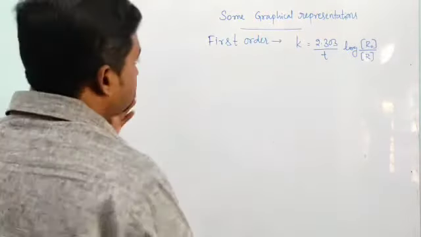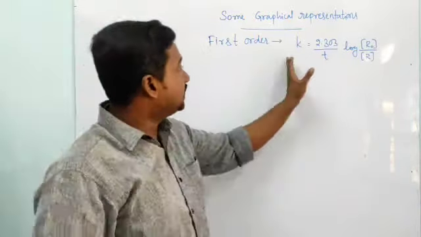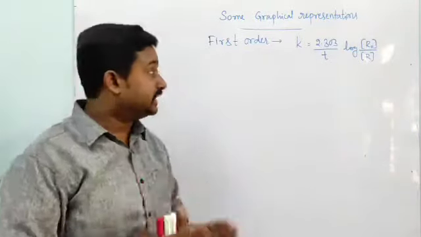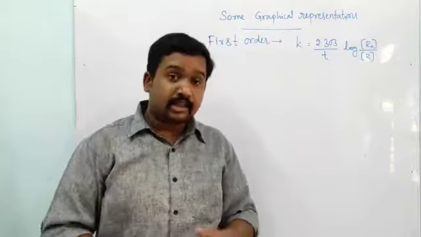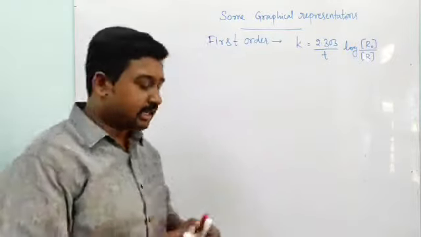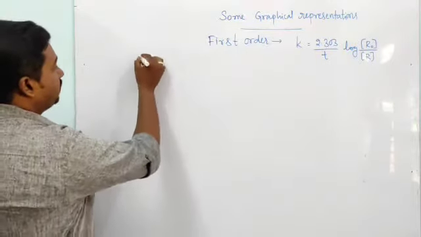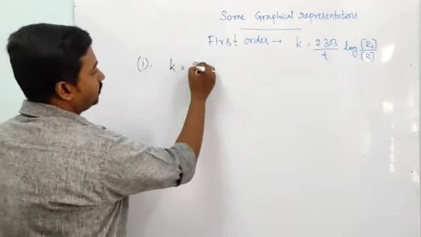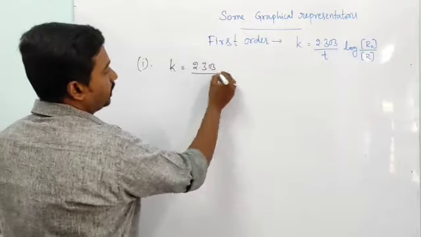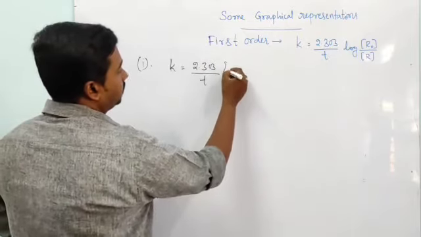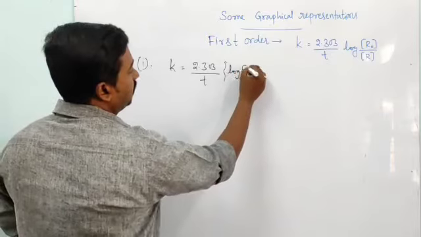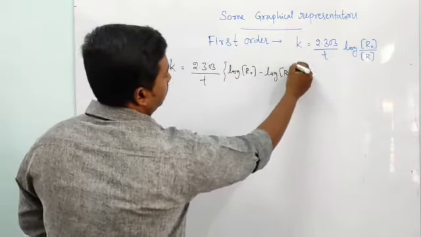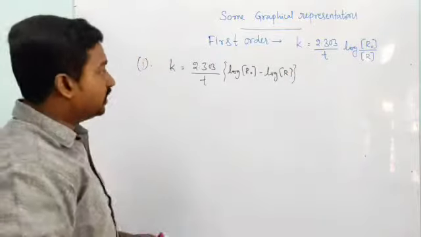Now for the first order reaction, the rate constant k is 2.303 by t log of R0 by R. This integrated rate expression we have derived. There are two ways of representing this. Let me consider the first way, where I'll take this equation in a simplified manner. k is equal to 2.303 by t into log of R0 minus log of R. So I have separated R0 and R now.